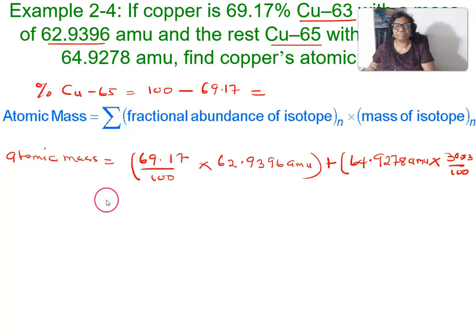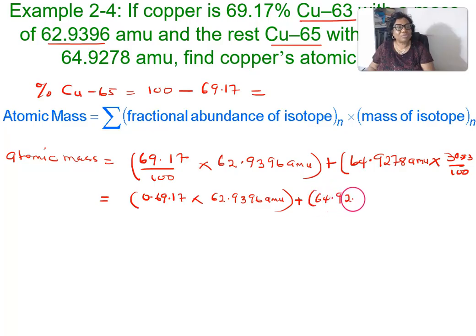So let's continue. So this is 0.6917 times 62.9396 atomic mass unit plus 64.9278 atomic mass unit times 0.3083.